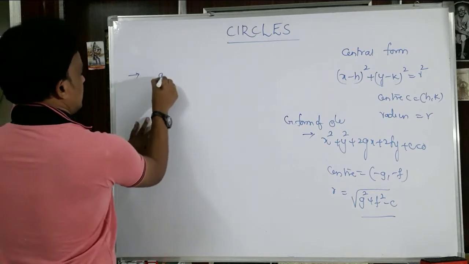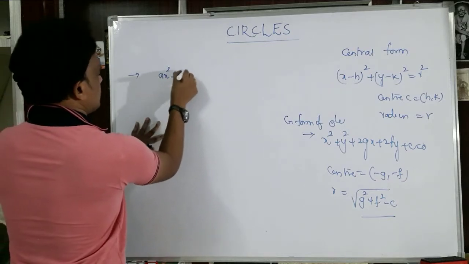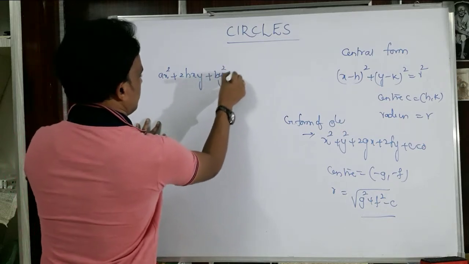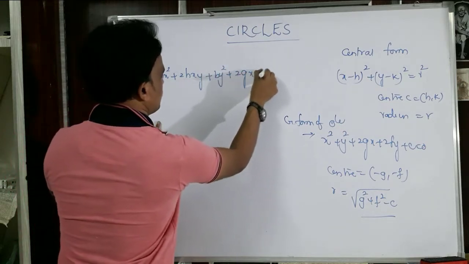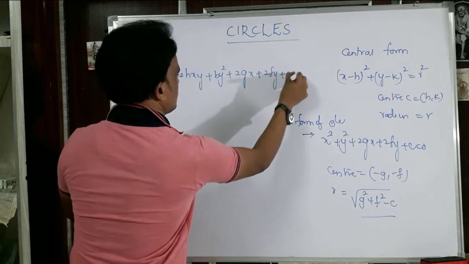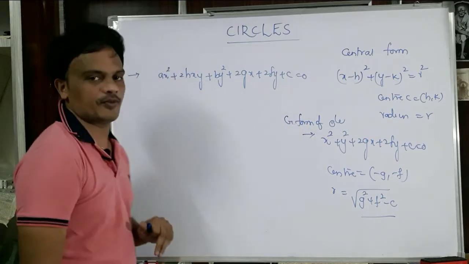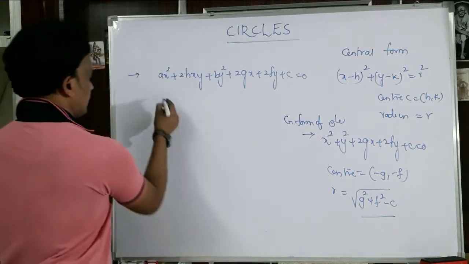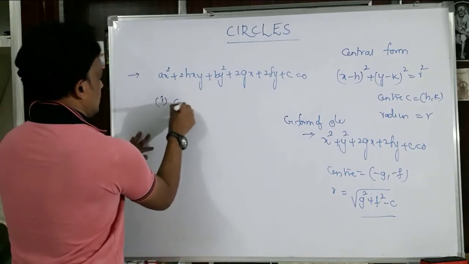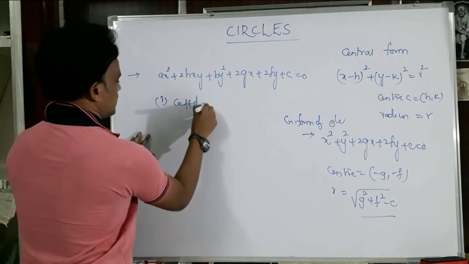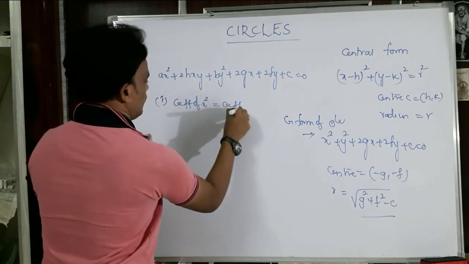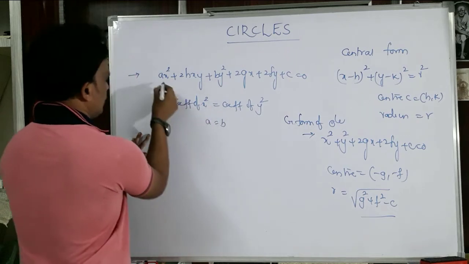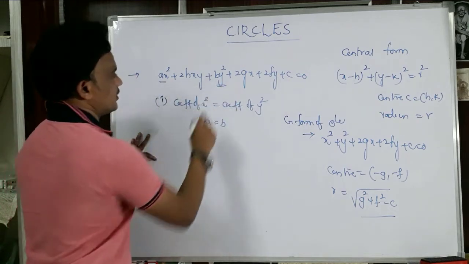Suppose the general form of a second degree equation is ax square plus 2hxy plus by square plus 2gx plus 2fy plus c equals 0. When it becomes a circle, the first condition is that the coefficient of x square equals the coefficient of y square, that means a equals b.